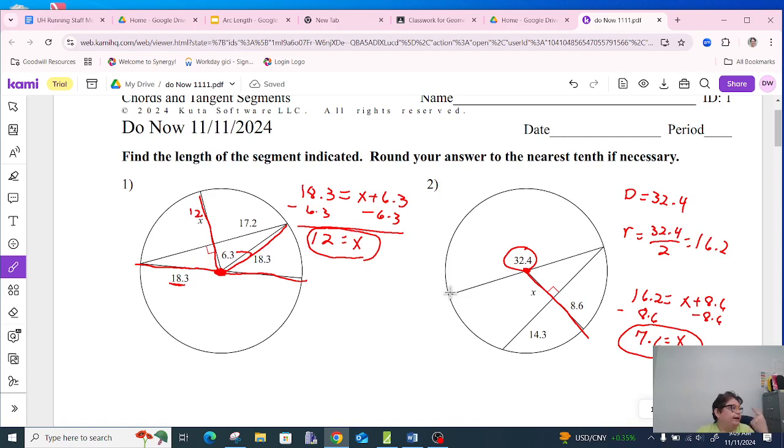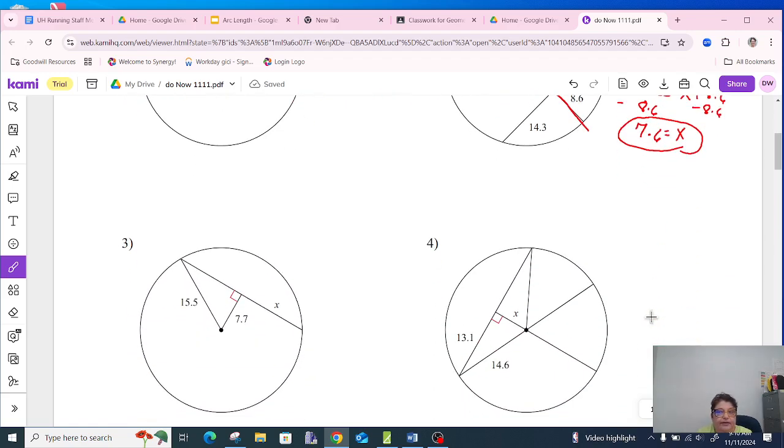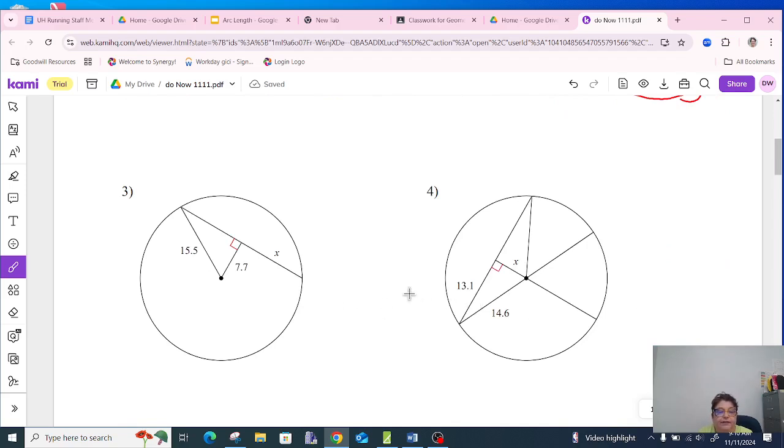I had to divide it by 2 to get the radius. I know now that all radii of the circle have to be equal to 16.2 because this is also a radius. I just said x plus 8.6 is equal to 16.2, and you subtract. We got it? Great. Okay, so now we have this one.